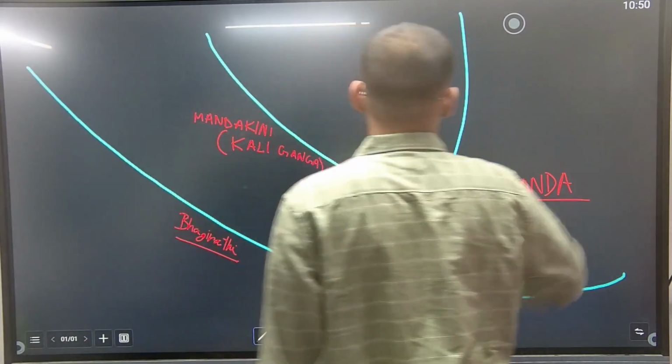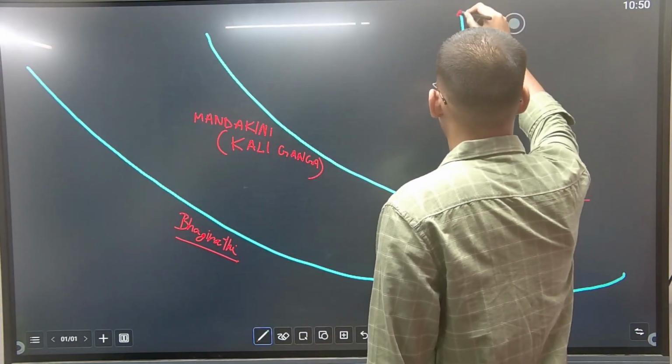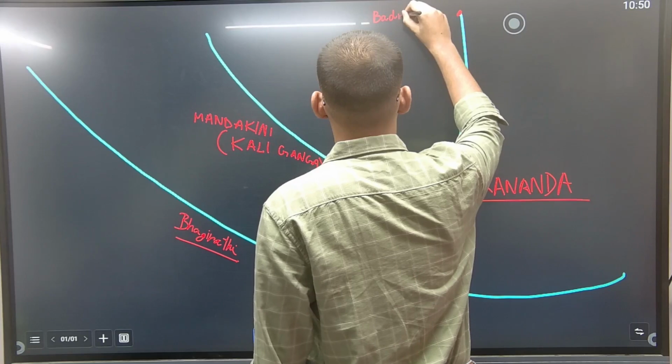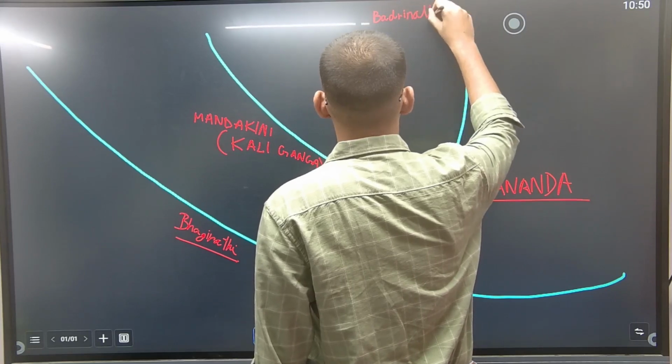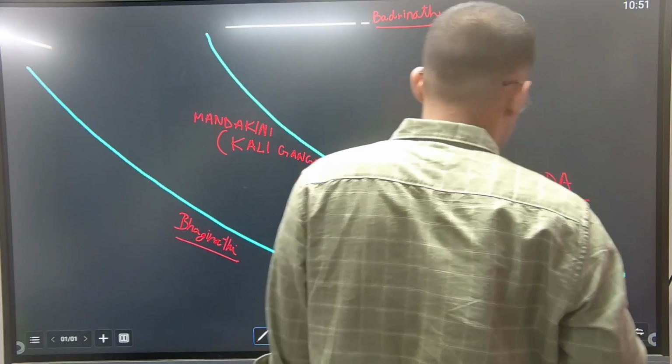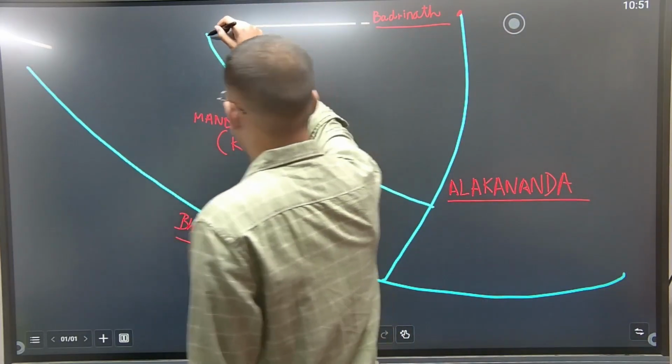So Alakananda river, it starts here at Badrinath. Right? Mandakini, it starts here. This is at Kedarnath.